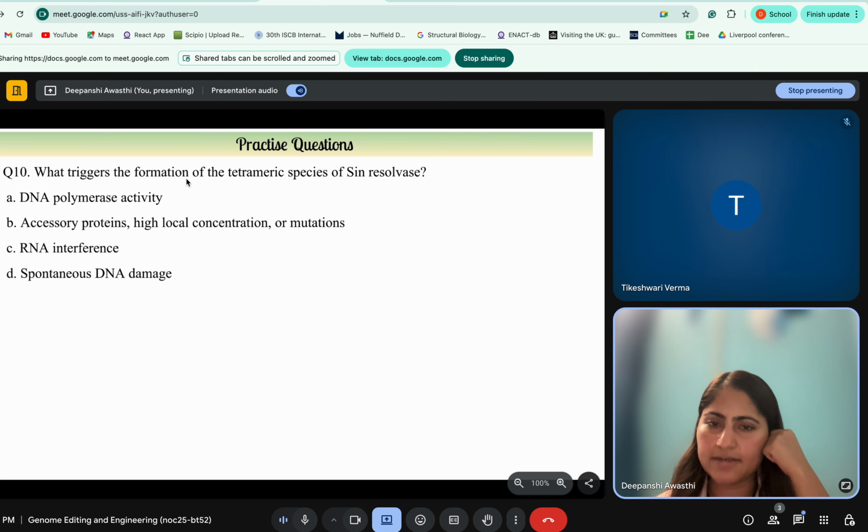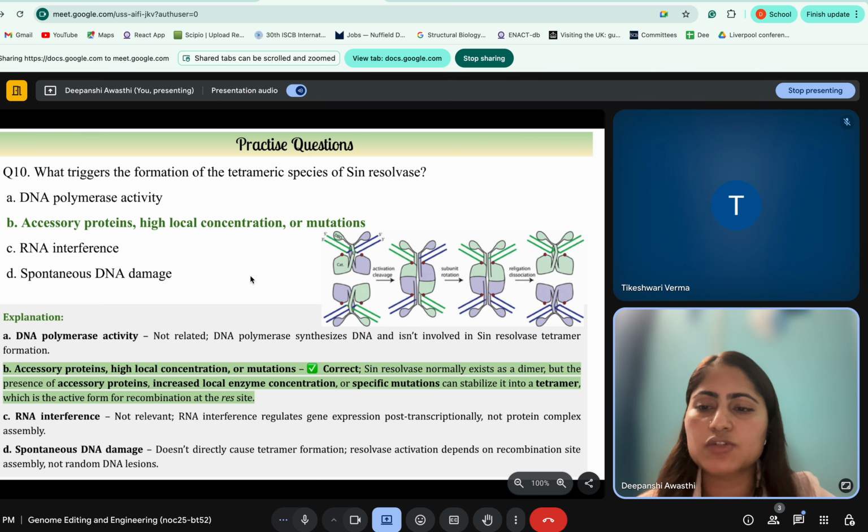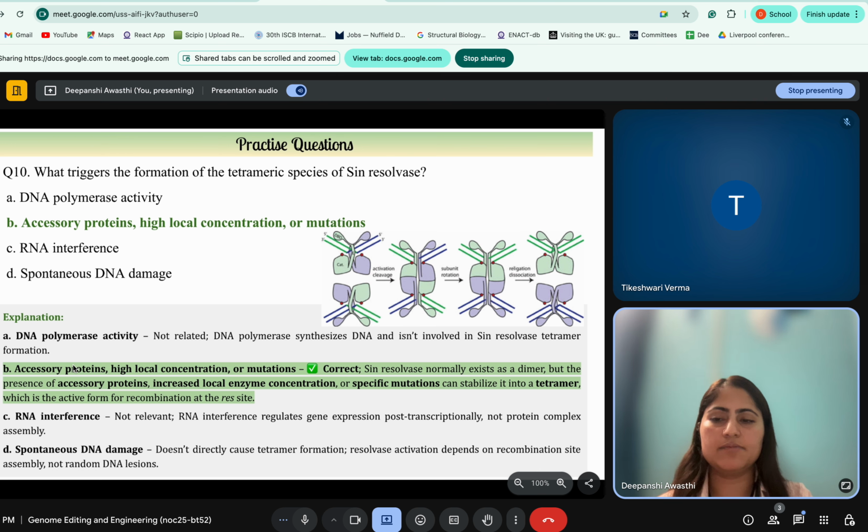Okay, so it's alright if you do not have any idea. The right answer is option B, which is accessory proteins, high local concentration and mutations. All these things trigger the resolvase, and it converts the resolvase, which actually exists as a dimer, into the tetrameric complex, which is the active form of recombination at the res site or the recognition site.